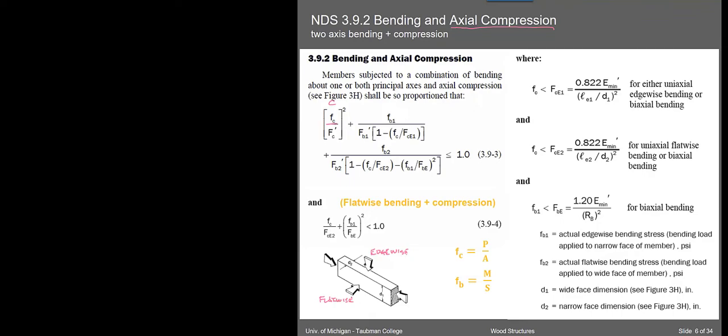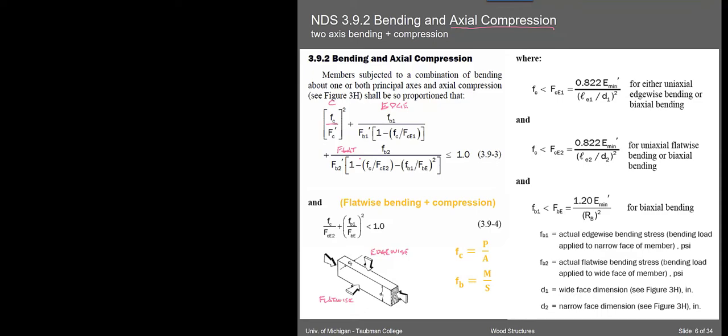This is the edgewise, this is the first one, right? On the edge, and this is the one that's on the flatwise. So you probably don't have both going on at the same time, to be honest. That'd be pretty weird.